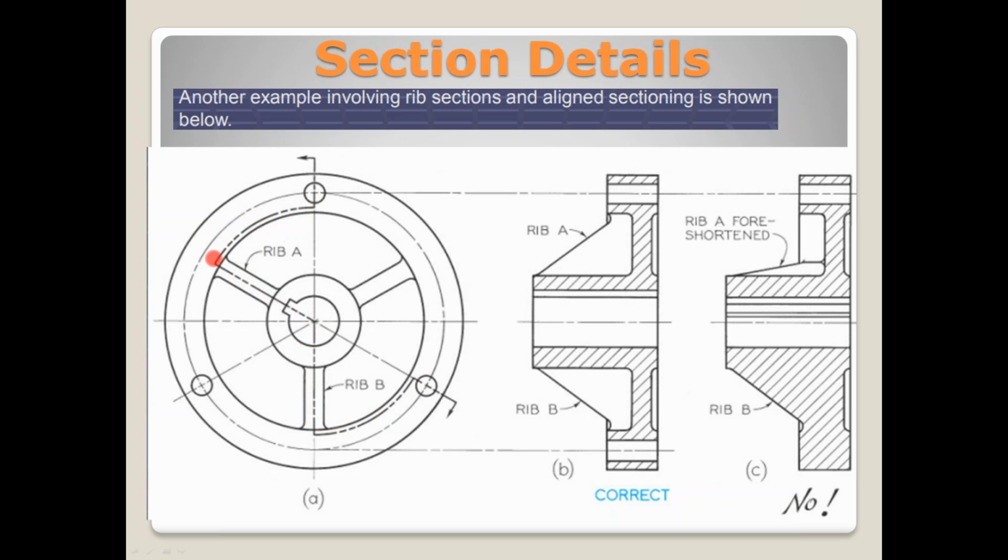So you would cut here all the way to here to show this section. Again, your rib does not have to show the section line, but when you see the section here, you're going to have to draw 45 degree angle lines.